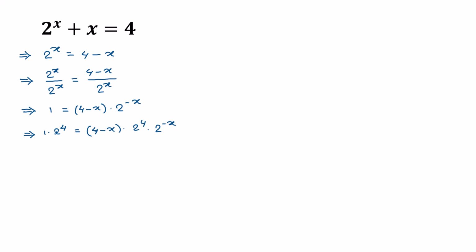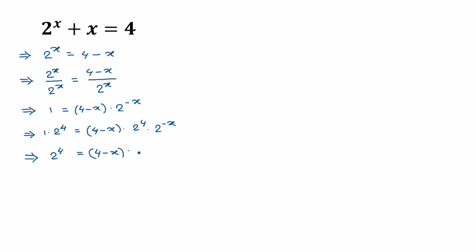This 2 to the power 4 is multiplied to both sides, or 1 times 2 to the power 4 is 2 to the power 4, is equal to 4 minus x times 2 to the power 4 times 2 to the power negative x.